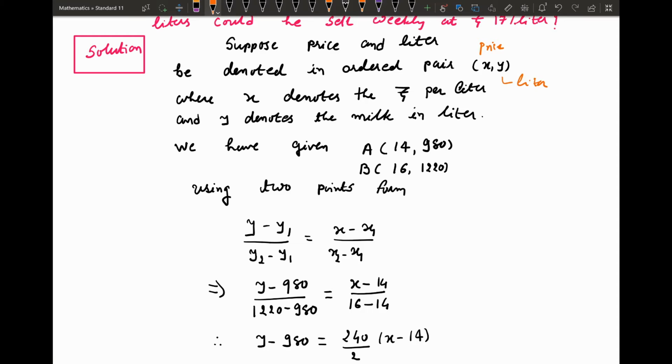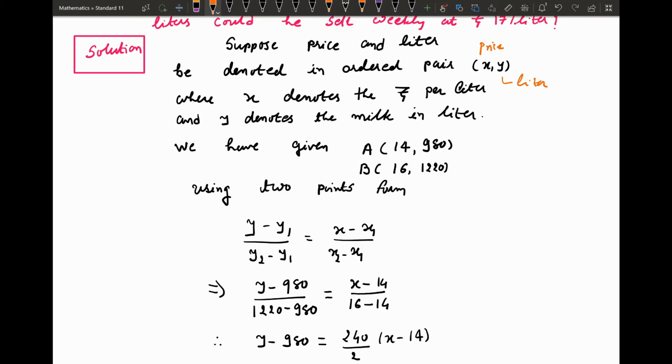Now we are given A (14, 980). 14 rupees indicates price, 980 indicates milk in liters.